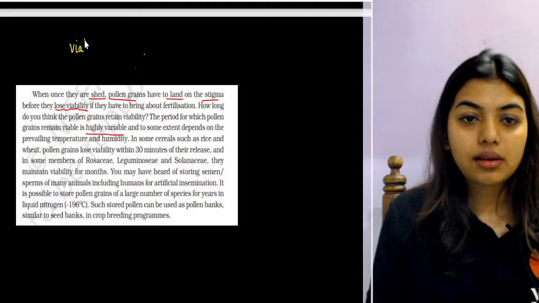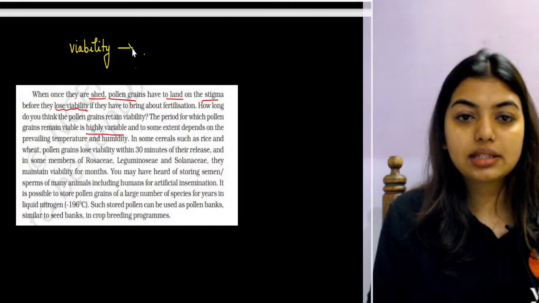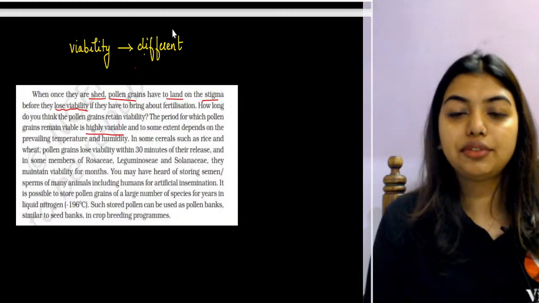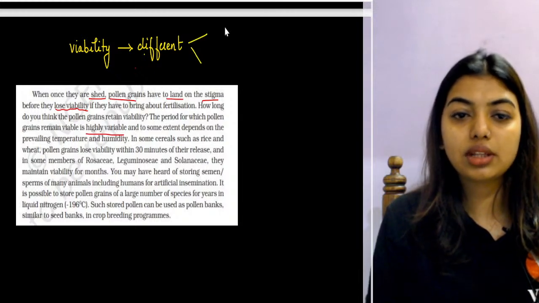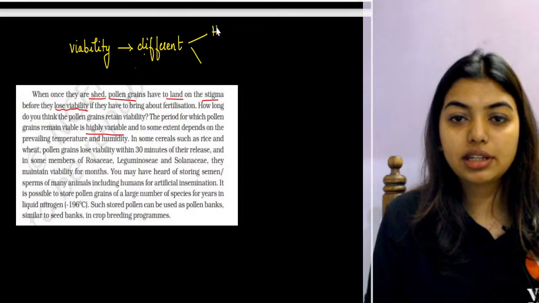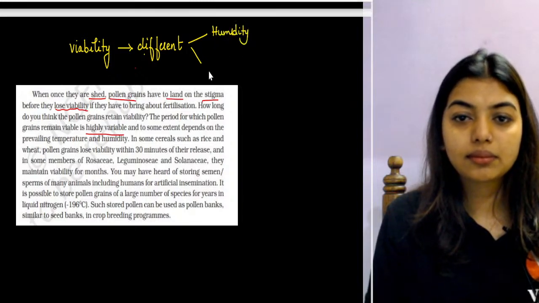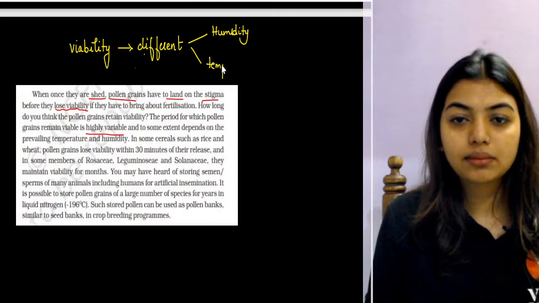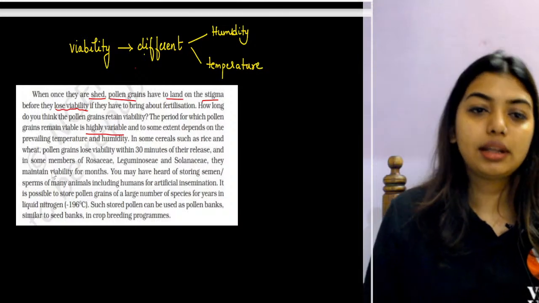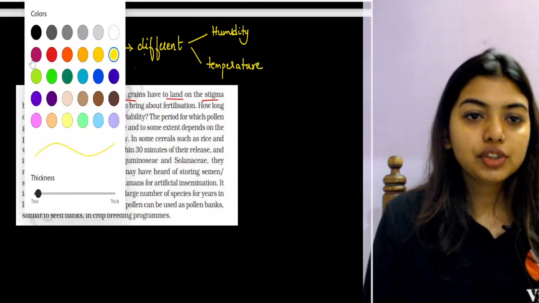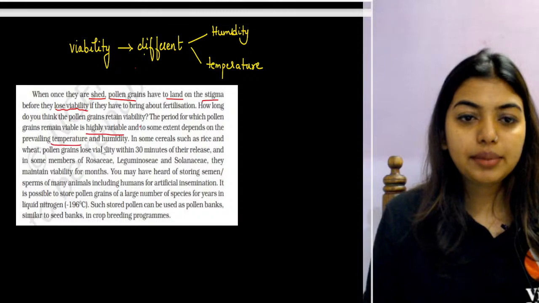This period is completely different. Why? Because it depends on 2 other factors as well, humidity and temperature. So here, prevailing temperature and humidity.